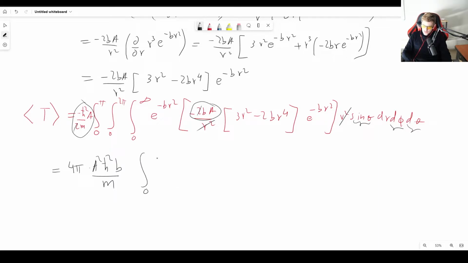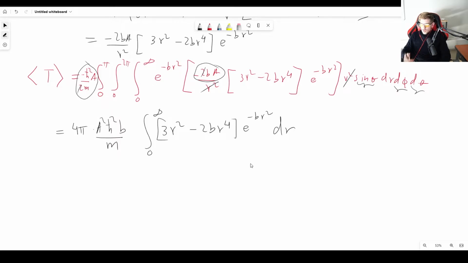So integral from 0 to infinity, we can put both of the exponentials together and we get two terms: 3r squared minus 2br to the fourth, times e to the minus br squared dr. Okay, so we have two integrals, which I will write down explicitly.